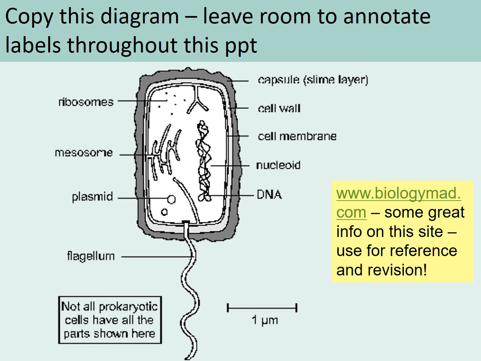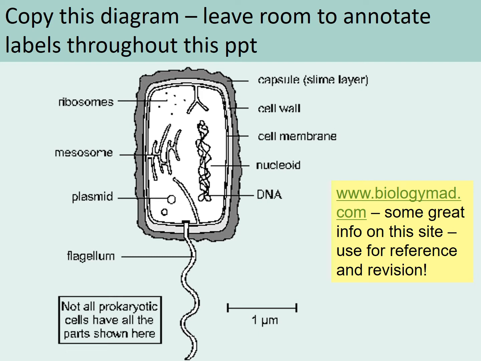Now, here is a basic, he says, basic prokaryotic cell. Please can you have a go at sketching that? If you would prefer to print one off, just Google image prokaryotic cells, print it off.